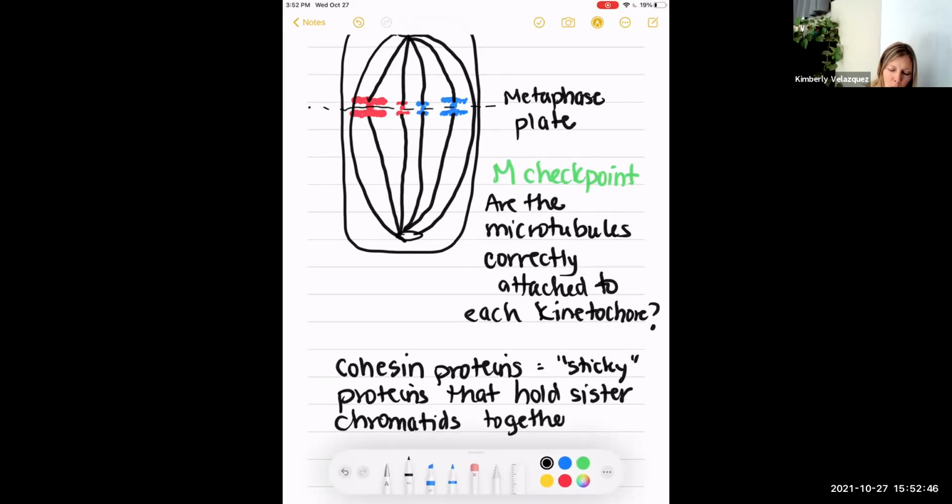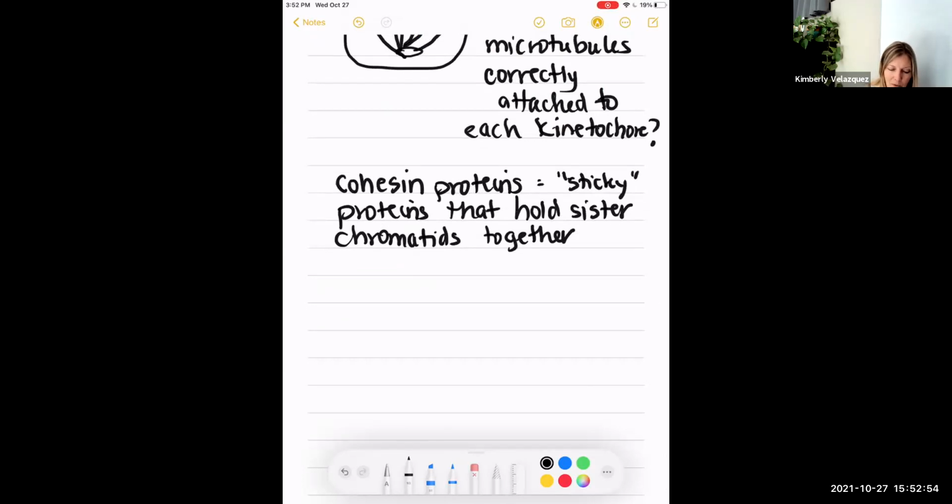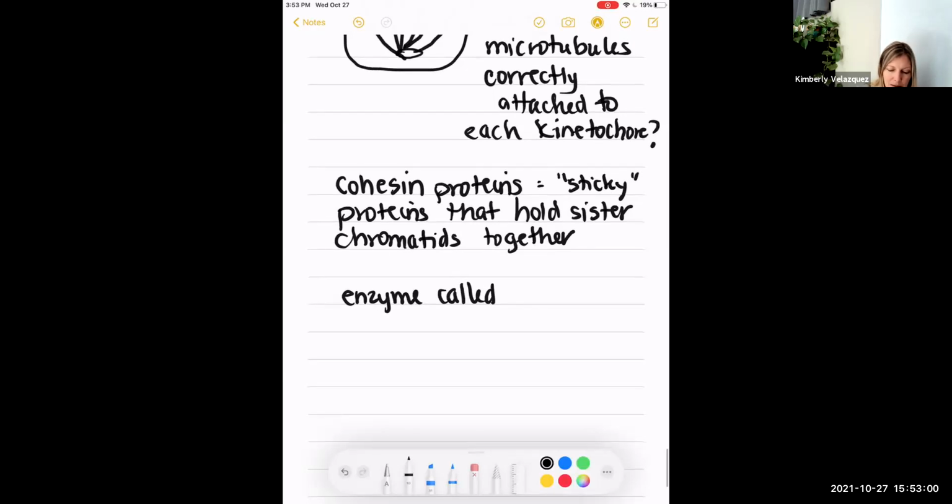And when that M checkpoint is finished, if everything is correctly connected, the signal is given for an enzyme called separase. I love this enzyme name.